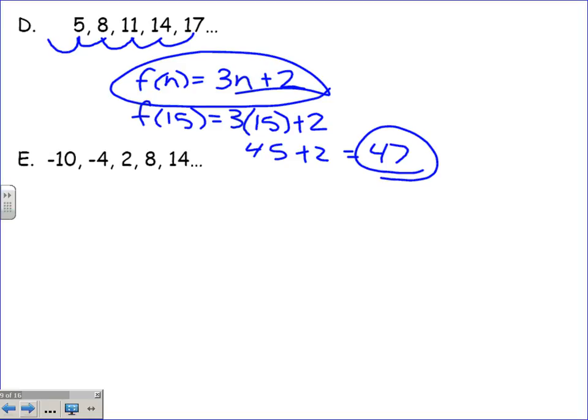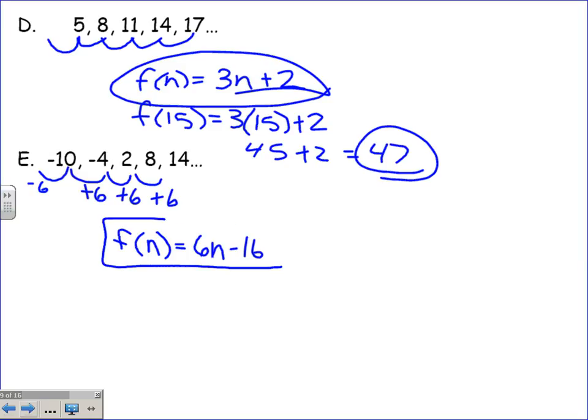Okay? So let's see. Nick, what's going on here? Adding 6. Nice job. Okay. So what's our rule gonna be? Minus, yeah, we have to subtract 6, so that'd be minus 16.